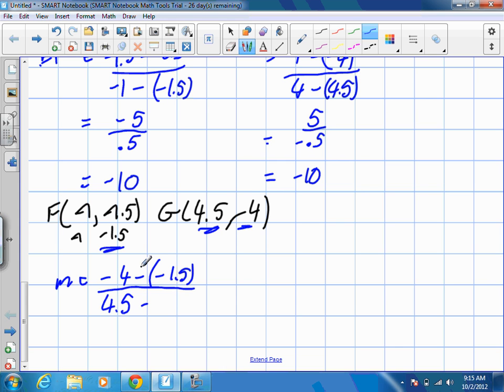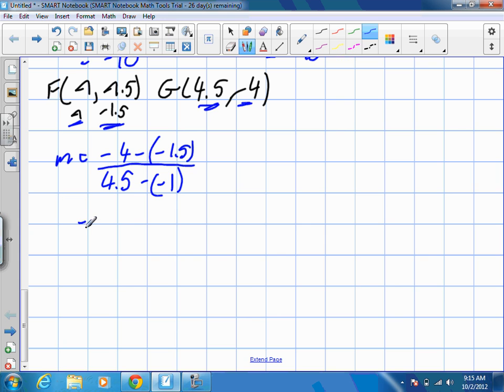Negative 4 subtract negative 1.5, anyone know? Negative 2.5. Good. And 4.5 subtract negative 1 is positive 5.5.